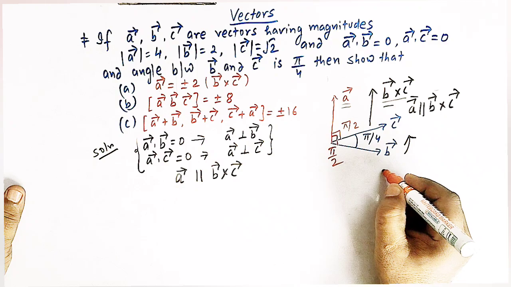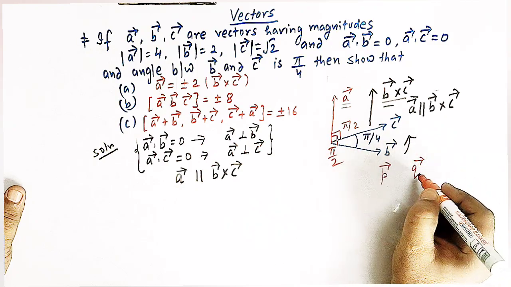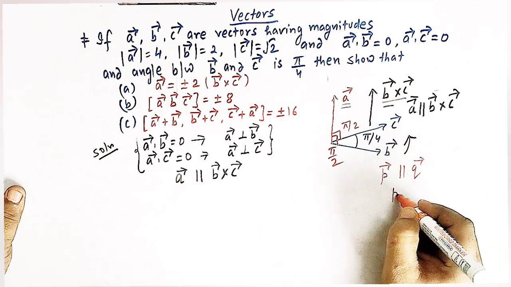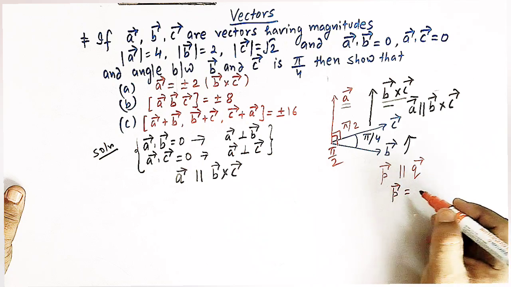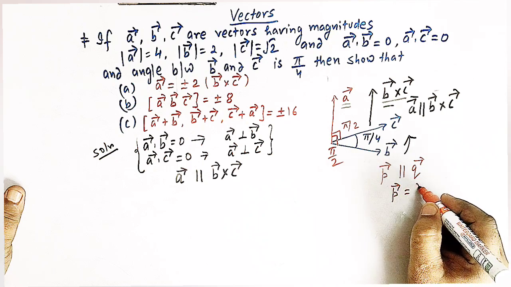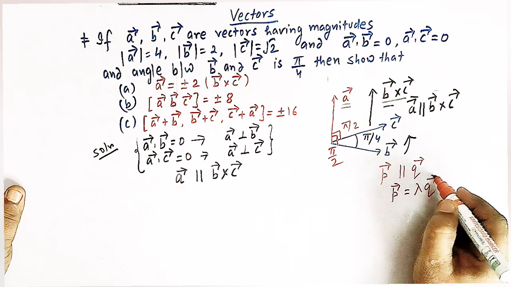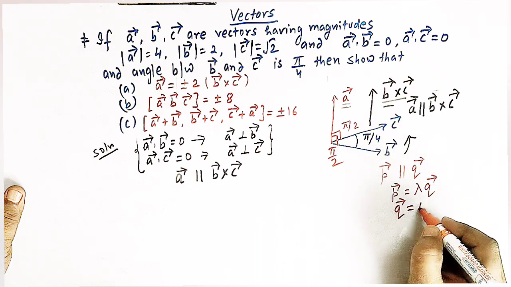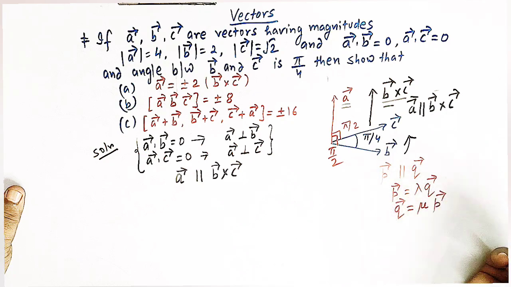So if we have two vectors, say vector p and vector q, and they are parallel to each other, then vector p can be represented as a scalar multiple of vector q, or we can also write vector q as a scalar multiple of vector p, right?